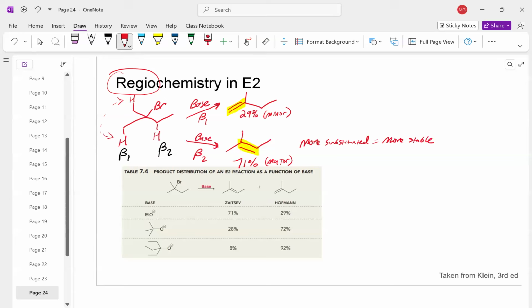We call this more stable product the Zaitsev product. This alkene over here is less substituted and therefore less stable. And we call this the Hofmann product.